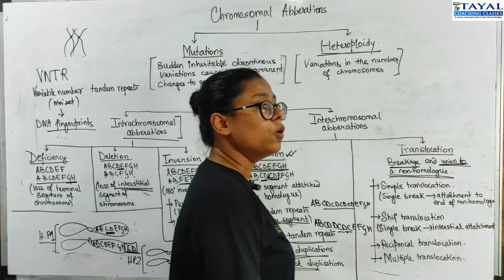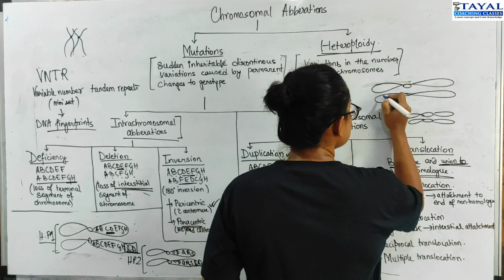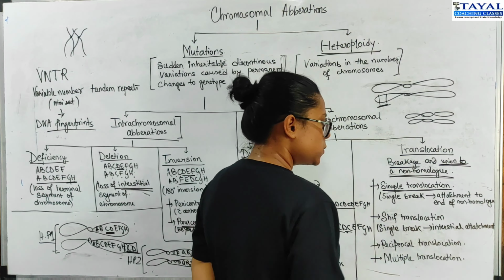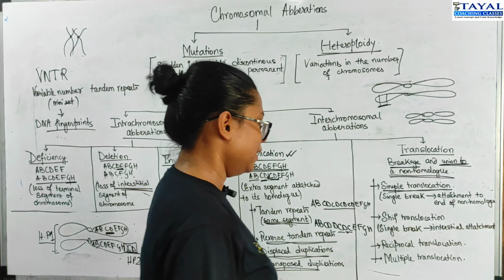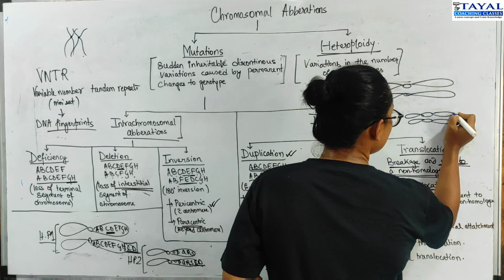Okay, so if it is a simple translocation, for example, let's say this is the chromosome. Let me draw it here. One, and this is the other one. Okay, let's say this is the break. It breaks from here and it goes and attaches itself to the end of a non-homologous chromosome.